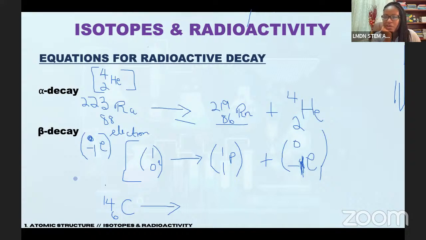Just think of it. Look at the equation that I wrote there and look at the carbon-14. If we have a carbon-14 that's giving off, a neutron from that carbon-14 is going to convert into a proton and an electron. What's going to happen from a mass number standpoint?